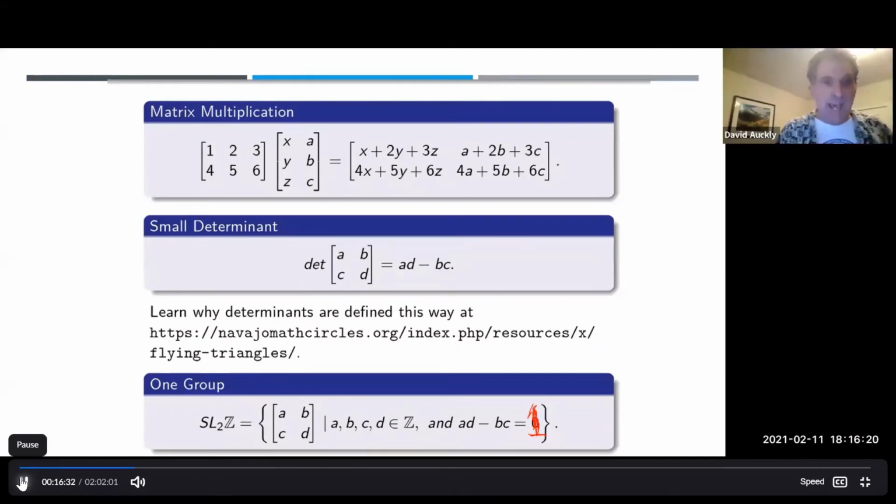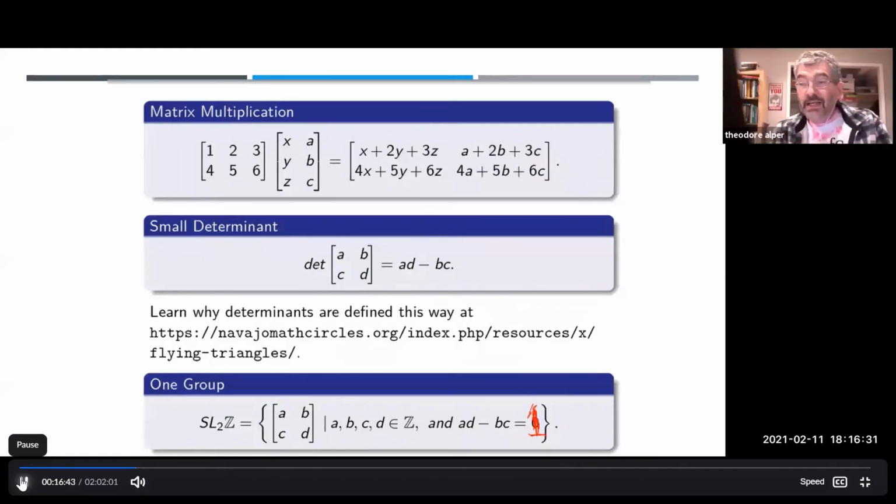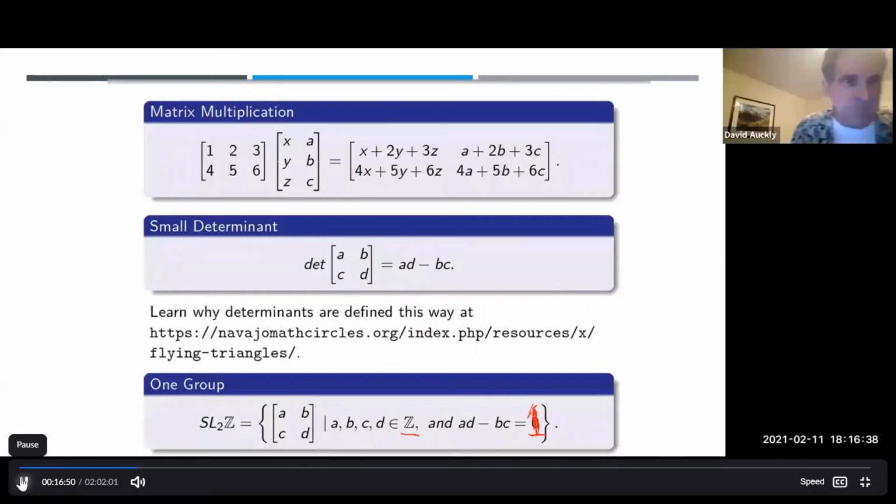So once we have that, is there another question? Yes, there's a question about the Blackboard bold Z. I think it has shown up in the math circle before, but I also think it's not a bad idea to define it. So when I write something in Blackboard bold, that generally will be a collection of numbers, and I'm not going to write them all down.